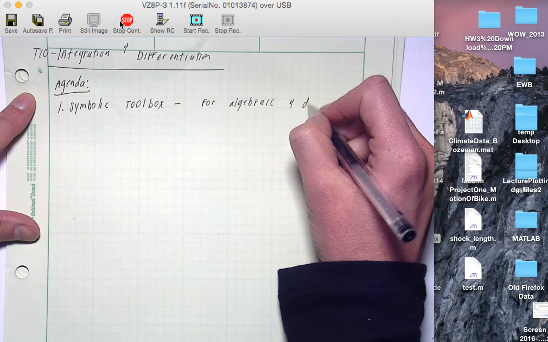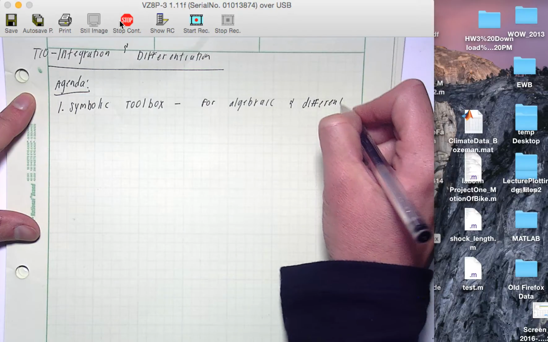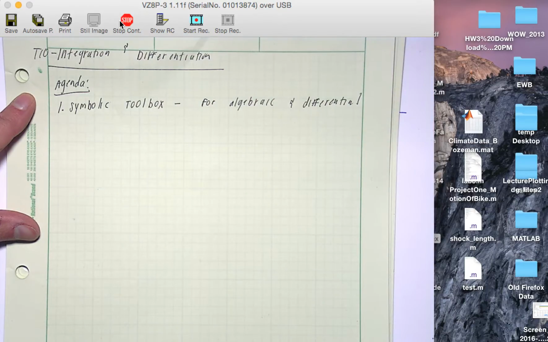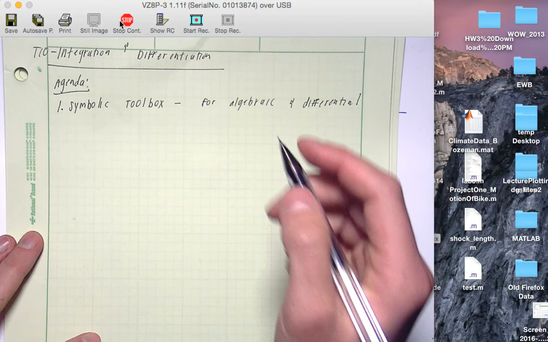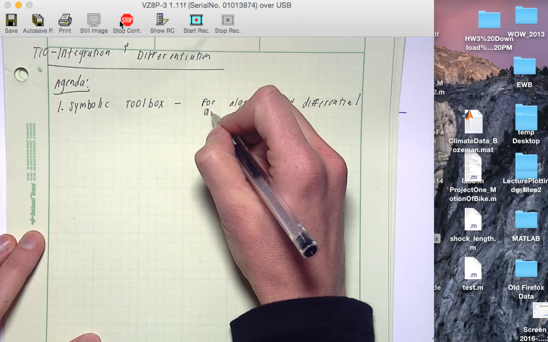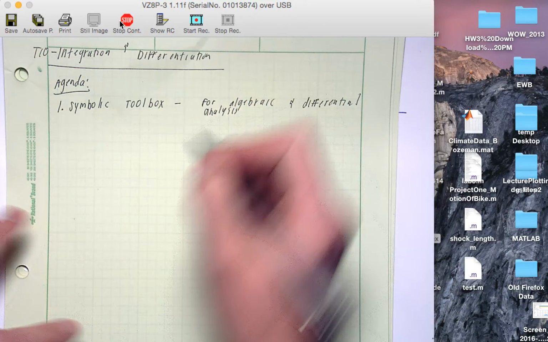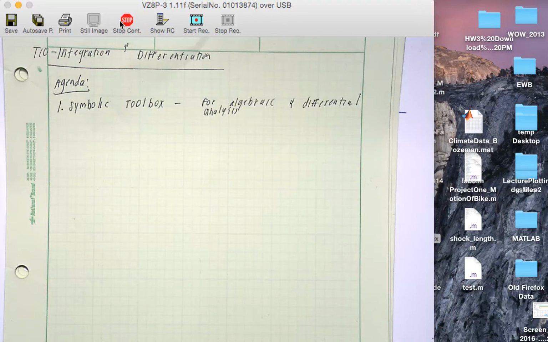In other classes, like a circuits class or a fluids class or maybe a controls class, you'll use toolboxes developed for MATLAB, which usually have GUIs. Do you guys know what a GUI is? A graphical user interface, so you don't usually see the code, you're just pushing the buttons, but they're all written in MATLAB code. GUI, it's G-U-I, and you say it GUI. It's not a word, it's an acronym.